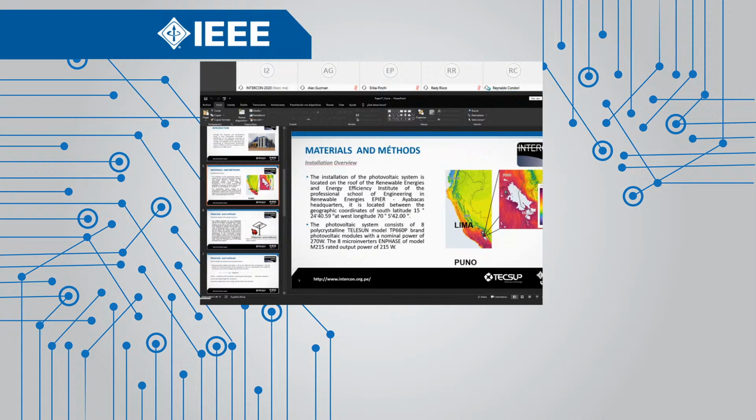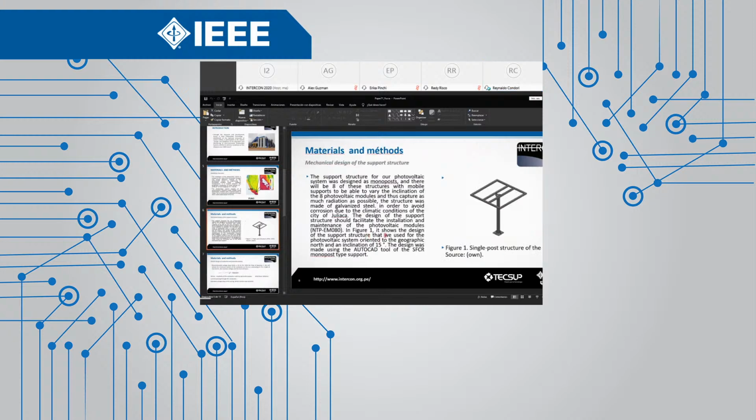These are the materials, a view of the altitude of Juliaca, and the methods.